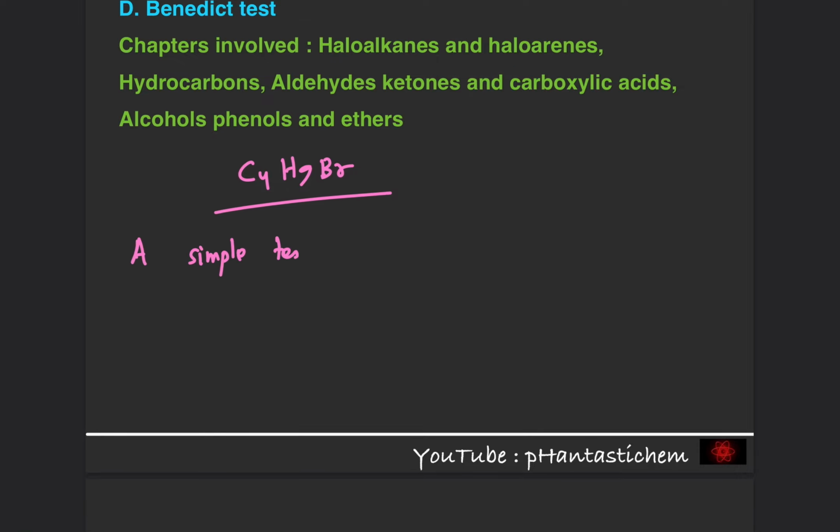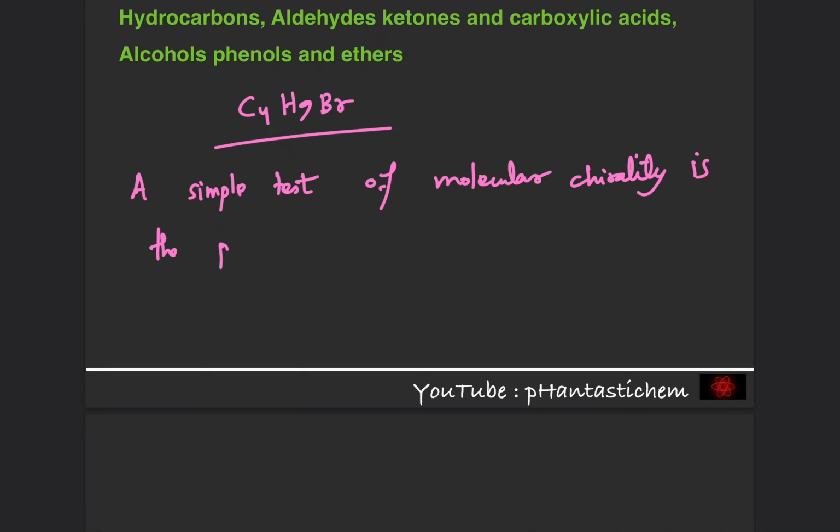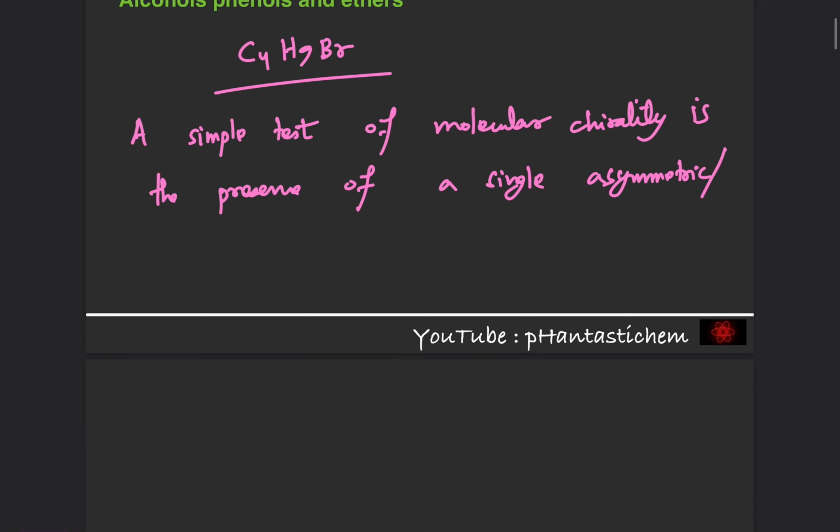A simple test of molecular chirality is the presence of a single asymmetric or a single chiral carbon atom in the molecule.